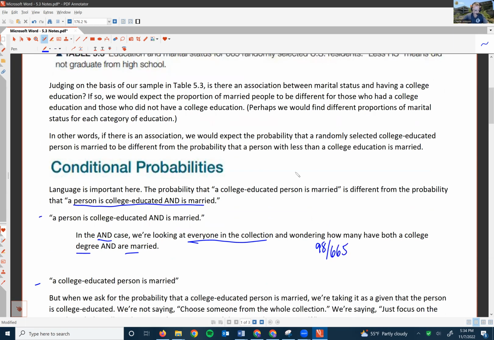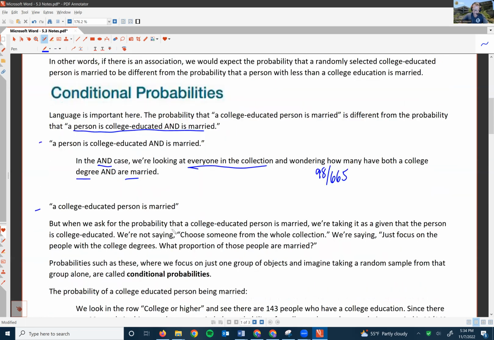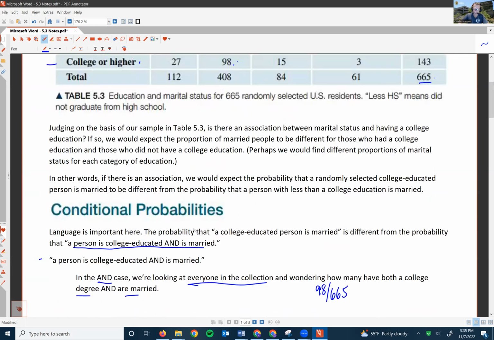But then if we want the probability that a college educated person is married, the difference here is we're asking for the probability that a college educated person is married. We're taking it as a given that the person is already educated. So we're not saying choose someone from the whole collection as before. We're saying just focus on the people with college degrees.